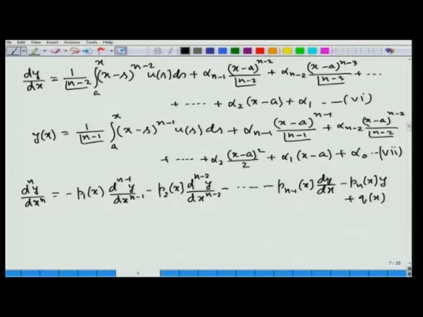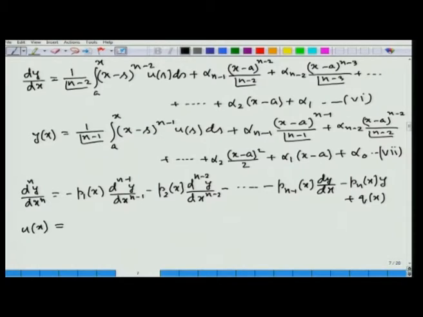So, d n y by dx n is equal to u x, straightforward. Now, first of all we try to collect the terms which do not involve the integral of u.